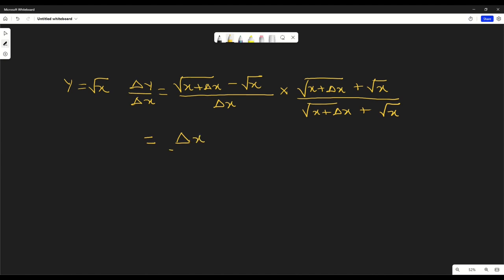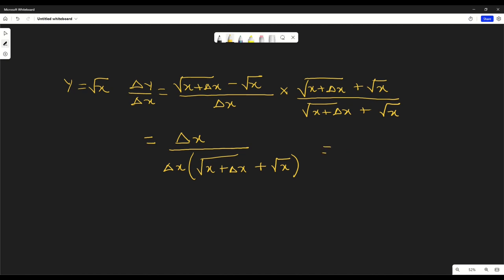The numerator simply becomes delta x. Try multiplying it out and you'll find that's correct. We get on the denominator delta x multiplied by root of x plus delta x plus root x.